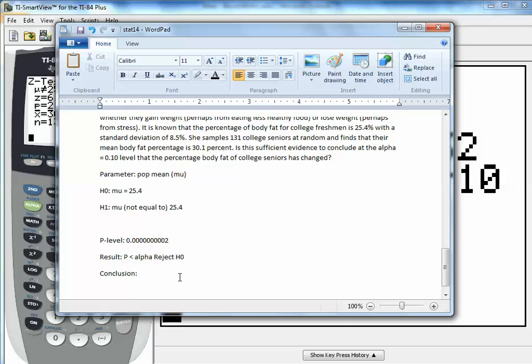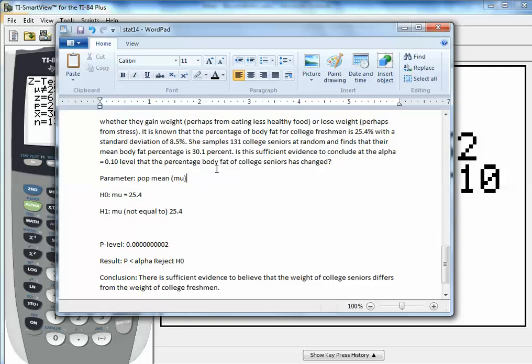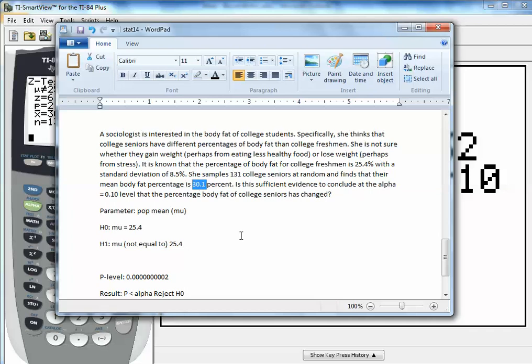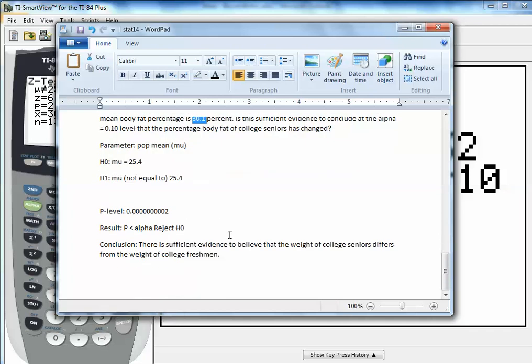And then our conclusion is that there is sufficient evidence to believe that the weight of college seniors differs from the weight of college freshmen.